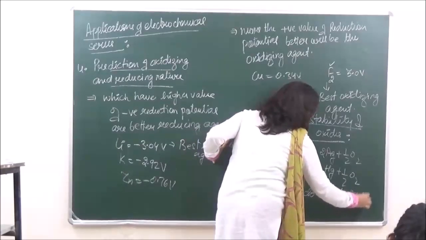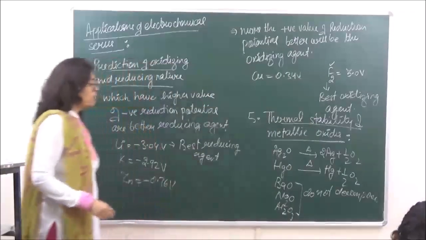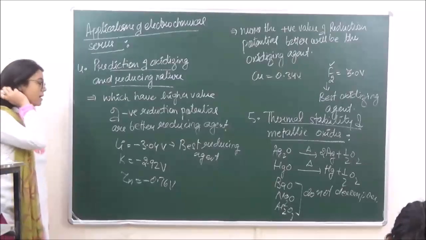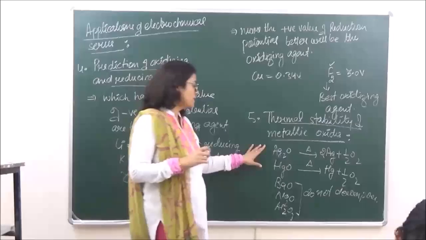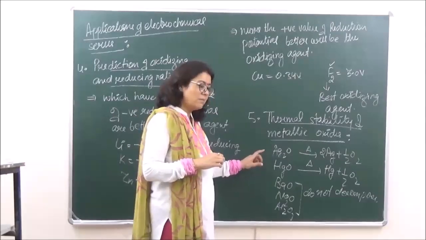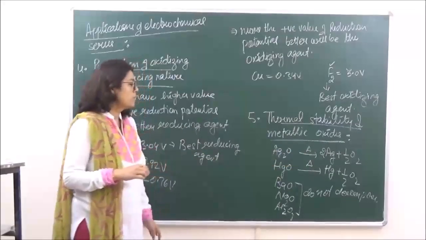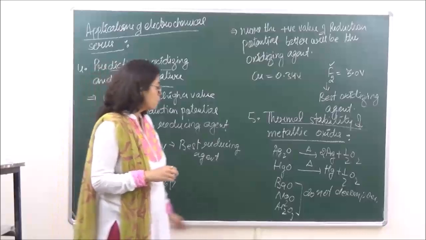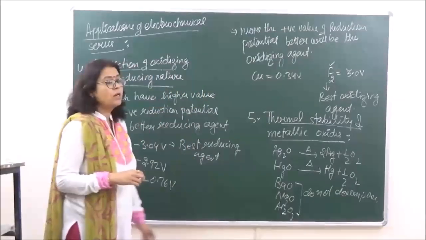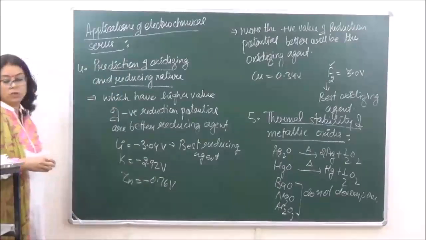So they are stable oxides. Is it clear? So what did we say over here? All the metals having a positive value of reduction potential, their oxides are unstable. When heated, they get decomposed into their metals, whereas all those which have a negative value of reduction potential, their oxides are quite stable and do not get decomposed.